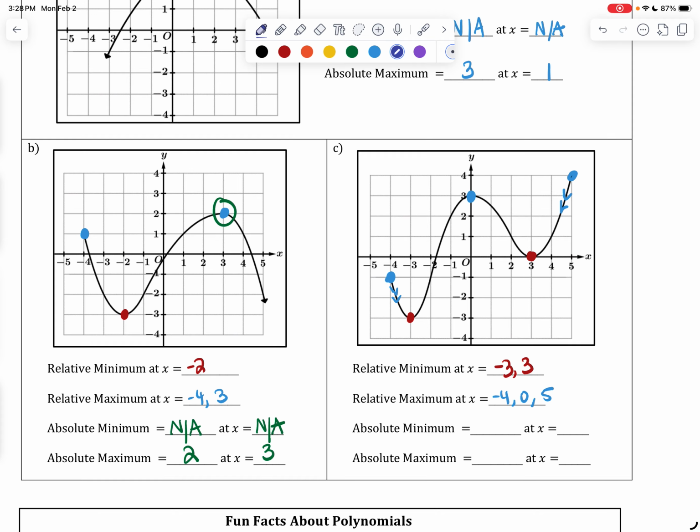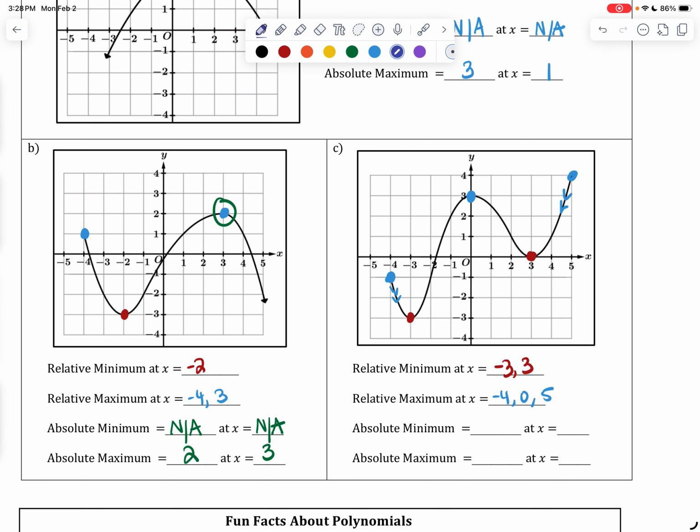And if one side of the range is infinite, then there can't be a max or min in that direction, right? So if the top side of the range is infinite, then there can be no absolute maximum. And if the bottom side of that range, like negative infinity, is infinite, then there can be no relative or absolute minimum. So in this case, we do have both because our range has been restricted, and our domain has been restricted on both sides.